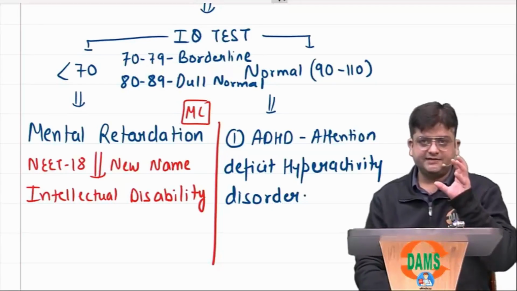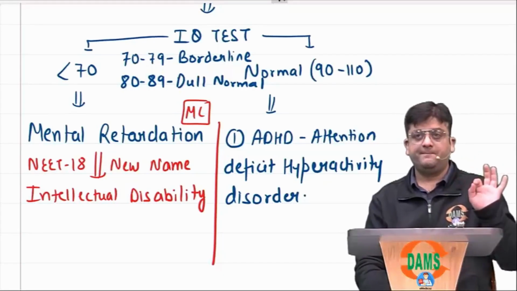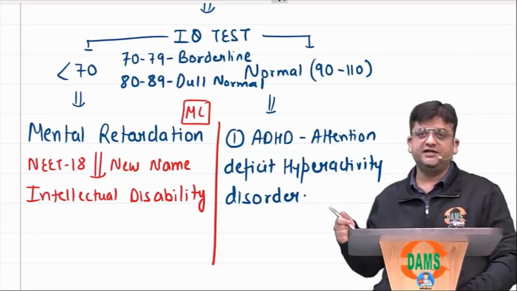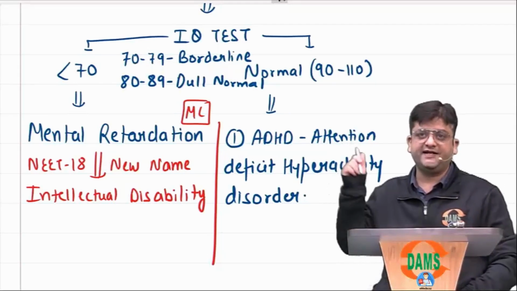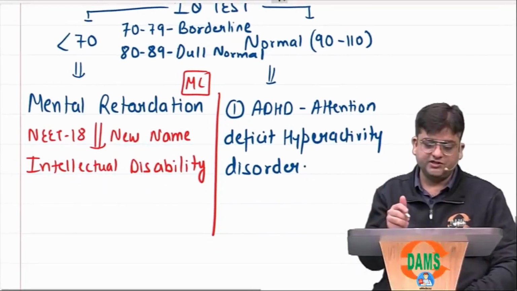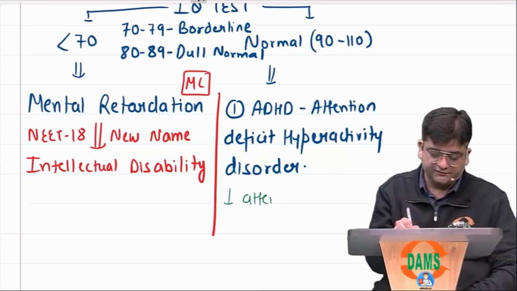If the child has low IQ, obviously his performance would be low. But if the child has normal IQ, then the reason for low performance is not low IQ, it is poor attention. Poor attention leads to poor concentration.